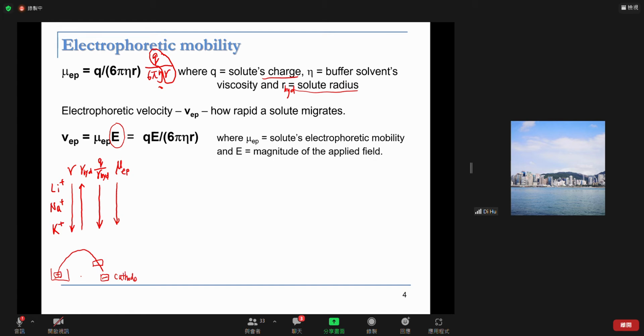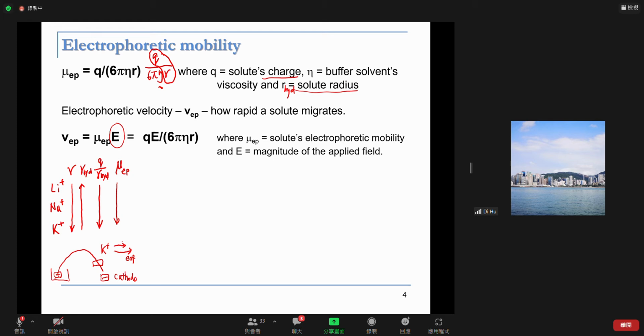For example, for potassium, it's positive, so its EOF flow is this way. The bulk phase solution is moving toward the cathode, everything toward the cathode. How about its electrophoretic mobility? It's also this way. So this is for potassium.